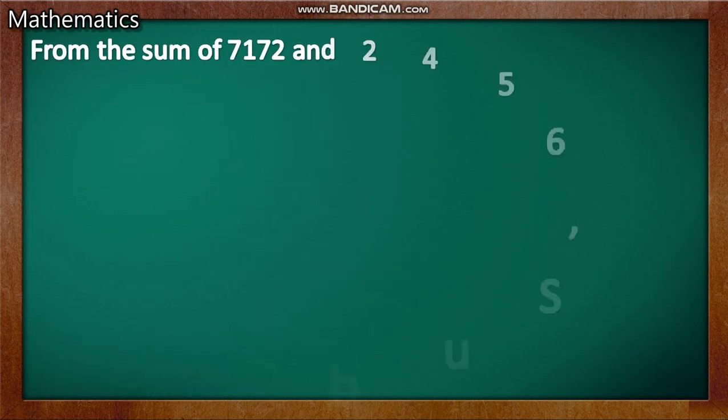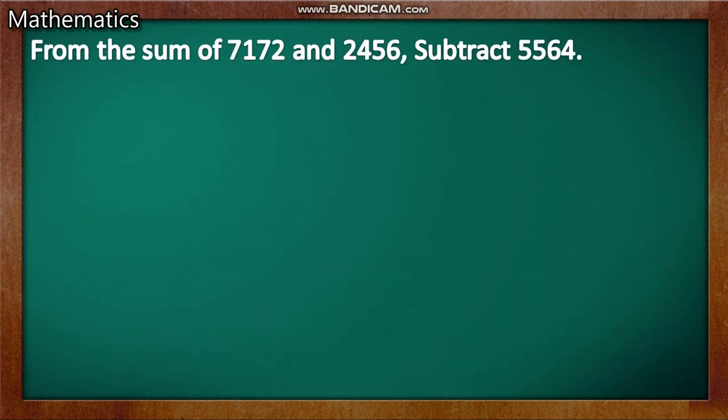The question will be like this: from the sum of 7172 and 2456, subtract 5564.